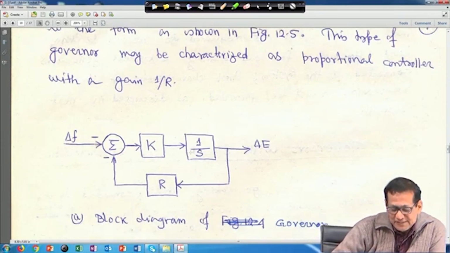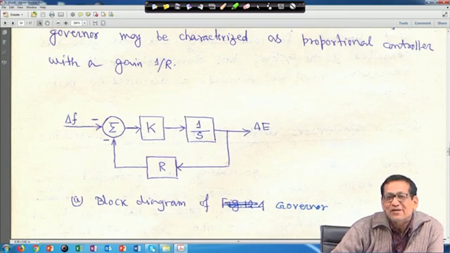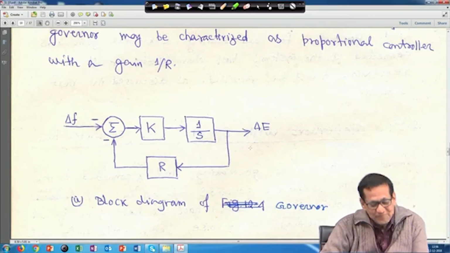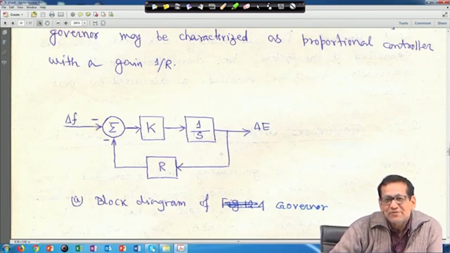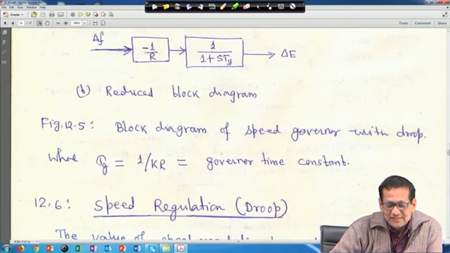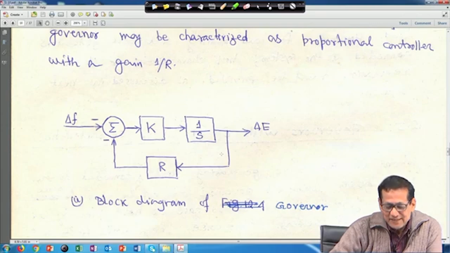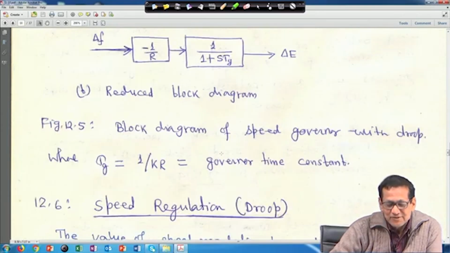So, this is simply the block diagram of the governor. If you simplify this block diagram, it will come like this: delta f, then 1 upon R, then 1 upon 1 plus s T G, giving delta E, where T G is equal to 1 upon K R, the governor time constant.